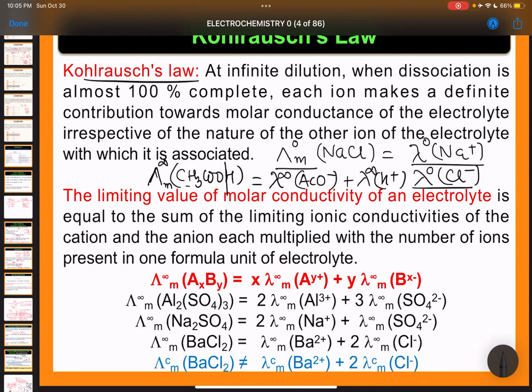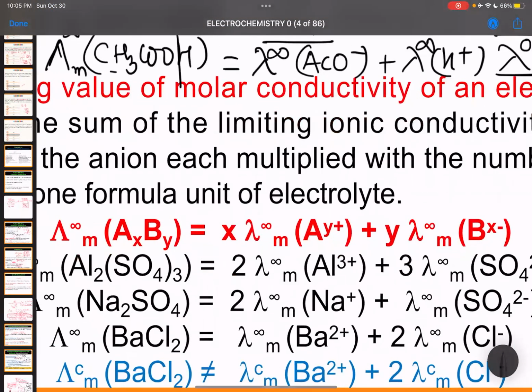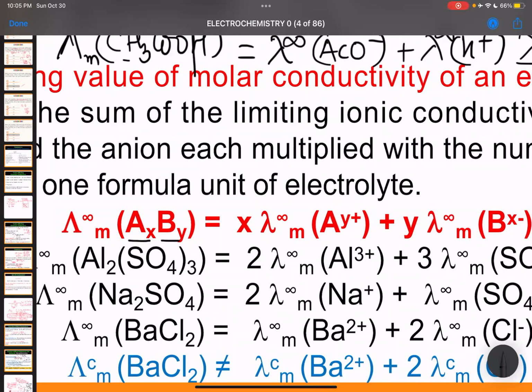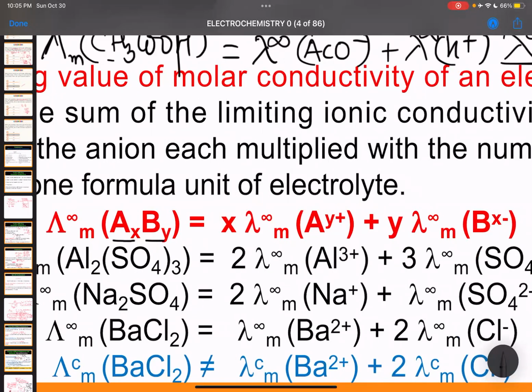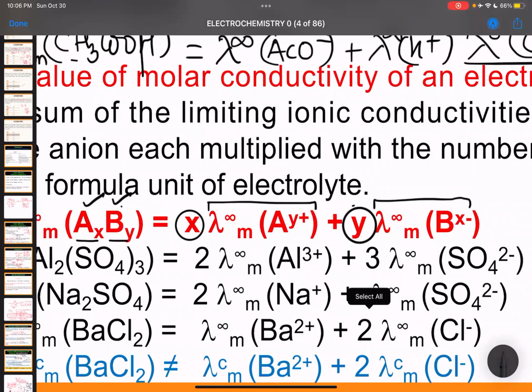So suppose you have a salt like AxBy, meaning x and y represent the numbers of A and B ions formed when the salt breaks. So x times the molar conductance of A ion, plus y times the molar conductance of B ion, limiting value at infinite dilution.